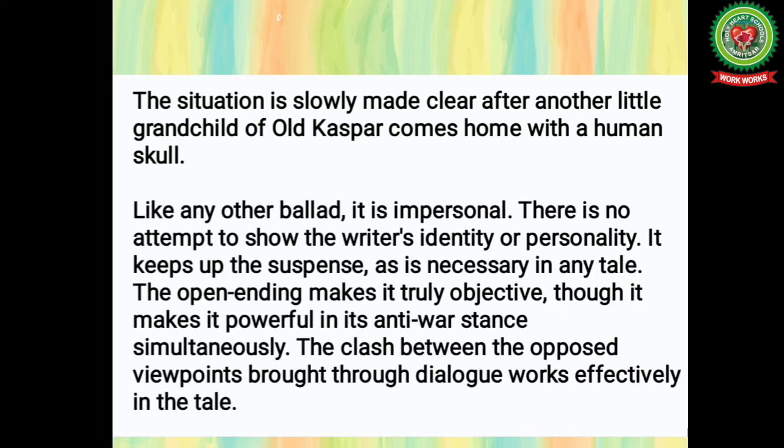Next, like any other ballad, it is impersonal. There is no attempt to show the writer's identity or personality. It keeps up the suspense as is necessary in any tale. The open ending makes it truly objective, though it makes it powerful in its anti-war stance simultaneously.